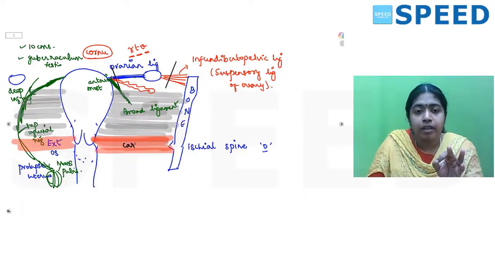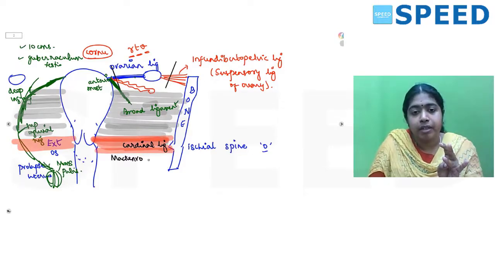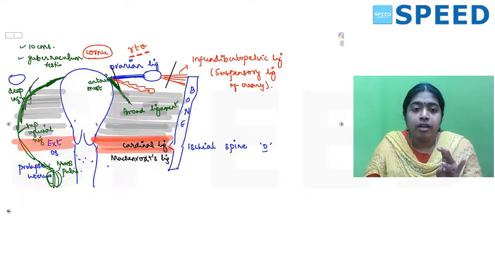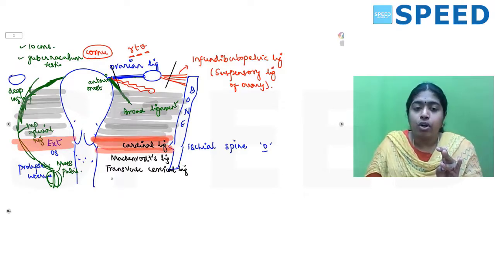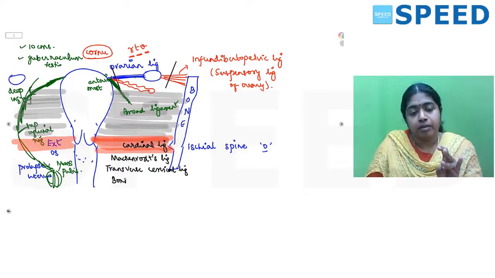Cardinal means important. What is the other name for the cardinal ligament? Mackenrodt's ligament. It's also called the transverse cervical ligament because it extends transversely on either side of the cervix. Or you can also call it Bonney's ligament. See how many names.